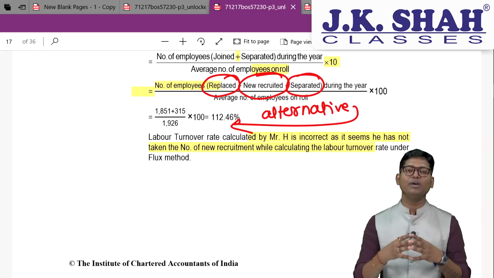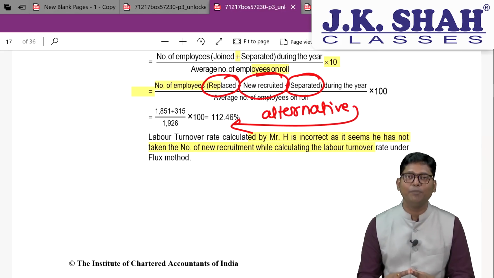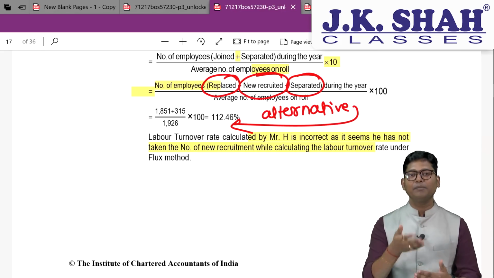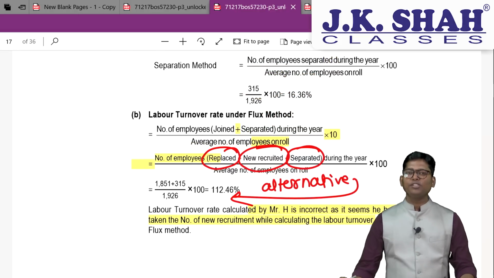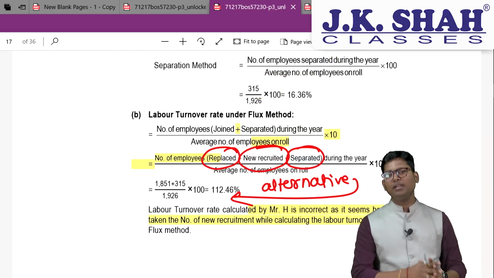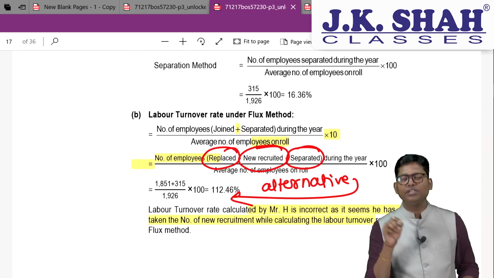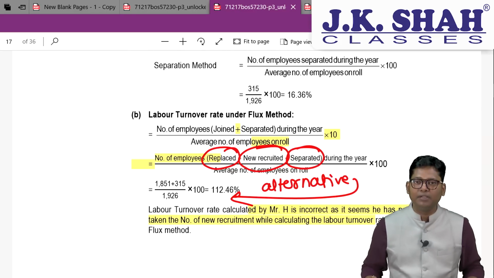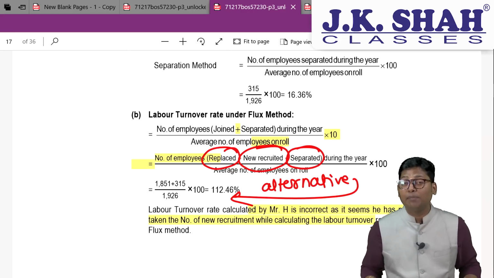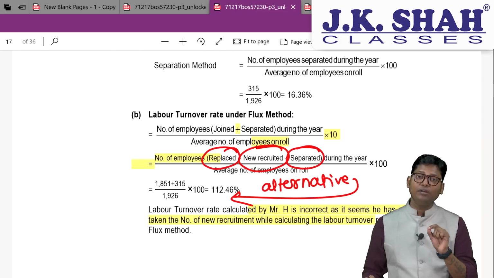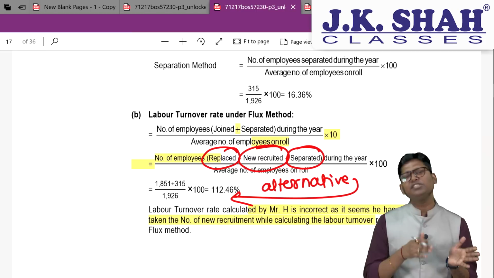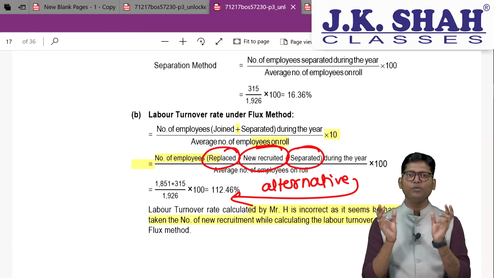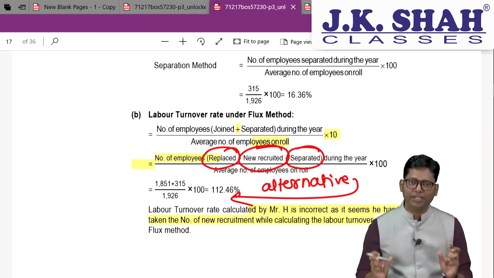So please revise this calculation one more time. This is a very important question. We will continue with the next discussion. Before moving to the next question, I'll give you two simple alternatives here. Whatever interpretation you are writing, for the event where the labor turnover rate computed by flux is tallied with Mr. H's calculation, and if it is not tallied, in both cases you can write two separate interpretations.